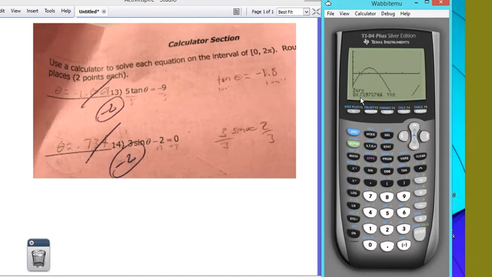And here's the same 0.7297. So I think for this one you get 0.7297, and this one over here is around 2.4. Anyway, yes, you can use inverses, but he wants the specific solutions between 0 and 2 pi. So you need to set your domain and find those x-intercepts.